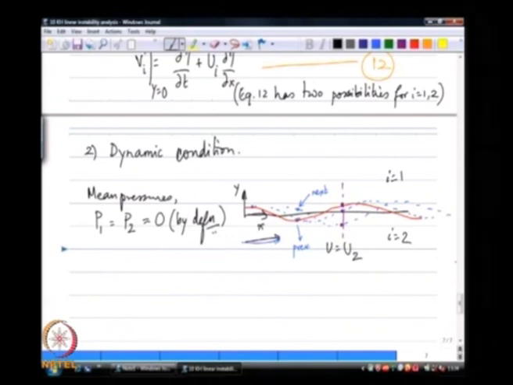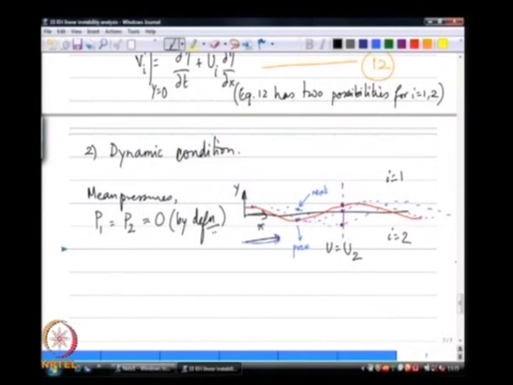So, we found that for a flat free surface, capital P 1 is the mean pressure in the entire fluid 1, capital P 2 is the mean pressure in the entire fluid 2. This pressure cannot vary with x and y, we found that from the equations, and then once I know they are constants and they are both equal to each other, I have the freedom to set that to any value, we set that equal to 0.